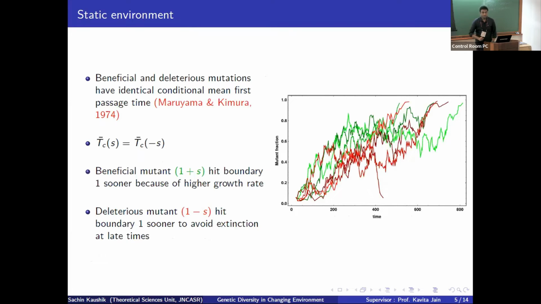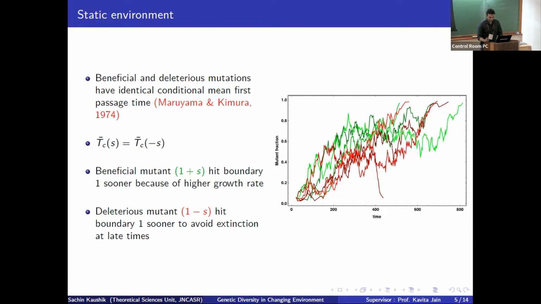Now, when the environment is constant, in the sense that the growth rate is constant with time, I'll compare two cases. One case when the growth rate is higher compared to the white one, and the second case when it is less than the white one. Then we expect that when they are disadvantageous, they will find it hard to propagate, and the time they take to hit the boundary will be larger.